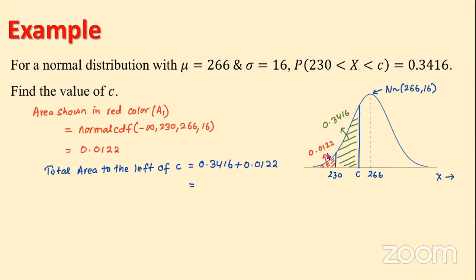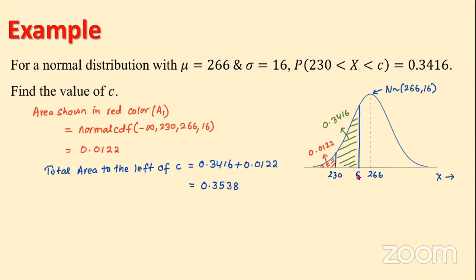If we add these two, we get 0.3538. So with that, we got the total area to the left of c.